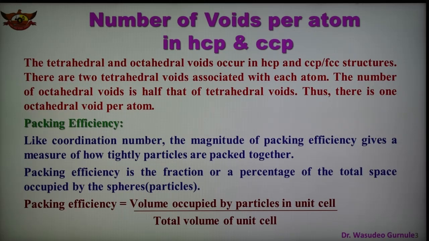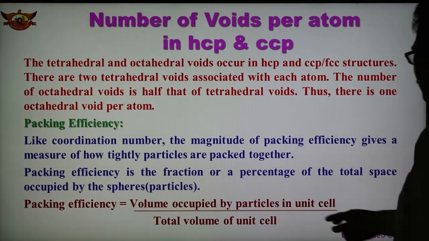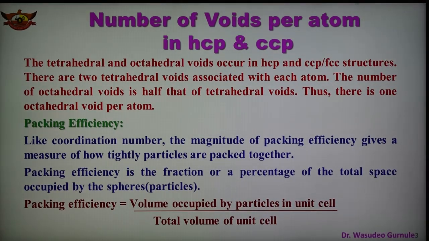So this is the formula to know the packing efficiency, and it is a measure of how tightly the particles are held in the structures. This packing efficiency in simple cubic, body centered and face centered structures or lattices can be calculated.